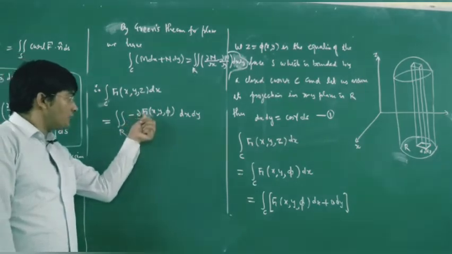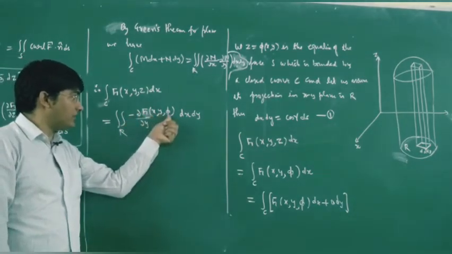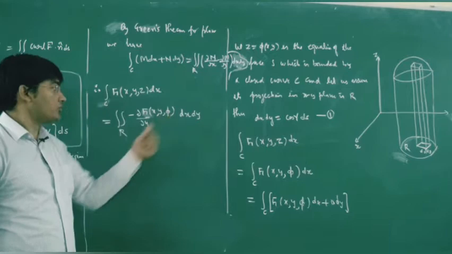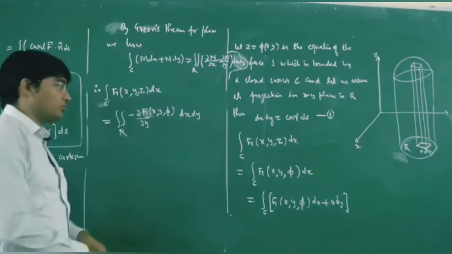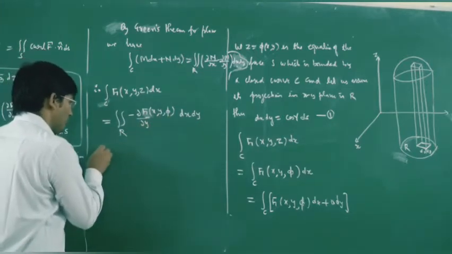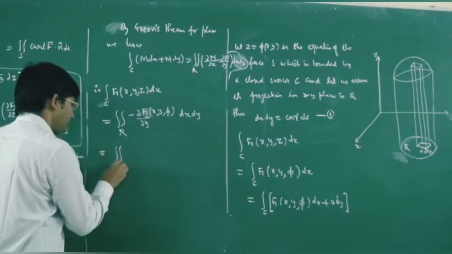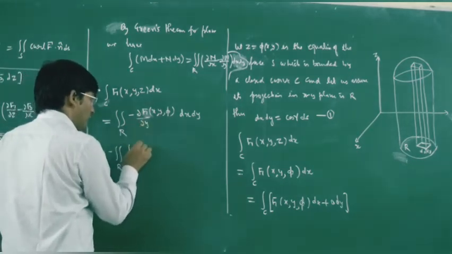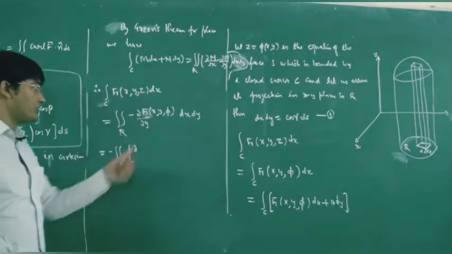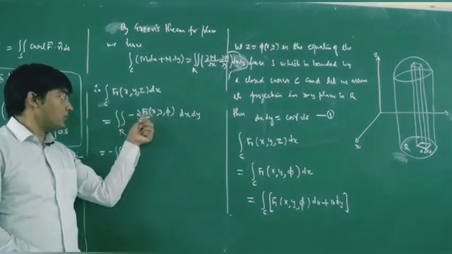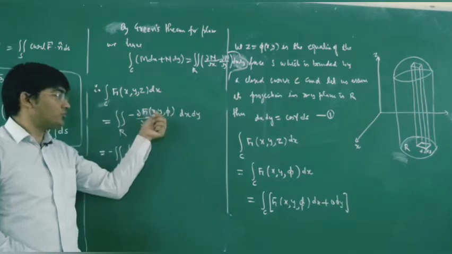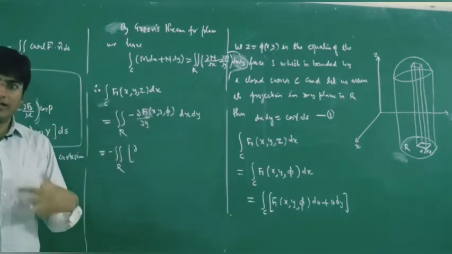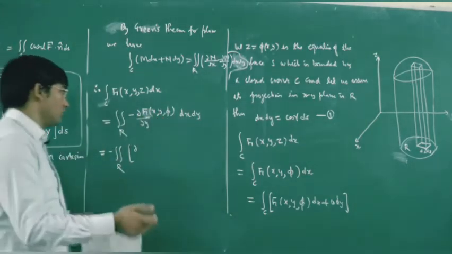Now your f is a function of x, y, and z. Phi is your z. So with the help of the definition of the partial derivative, with the help of the chain rule, we can write this as del f1 upon del y. Now first differentiate with respect to x. So this will be del f1 upon del x into del x upon del y. As x and y are independent, that term will be 0.